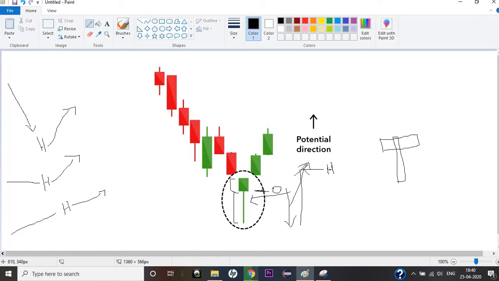That means the buyer has a lot of control as compared to the seller, right? The buyer kicked in on the second half of this candlestick formation, and they kept the price high, which is my closing price. So since the buyer has control, the next candlestick is going to open higher. You can see the next candlestick's low is greater than the high of the previous candlestick, right? So the buyers have traction, and it can go upside.